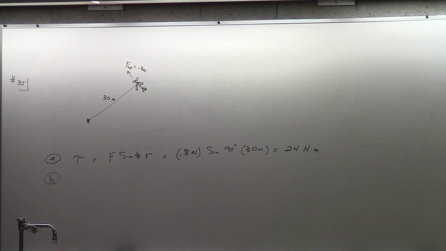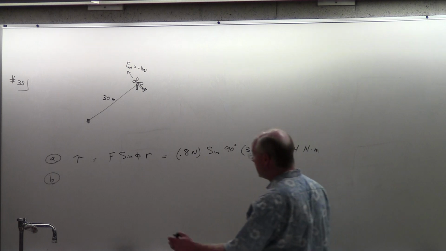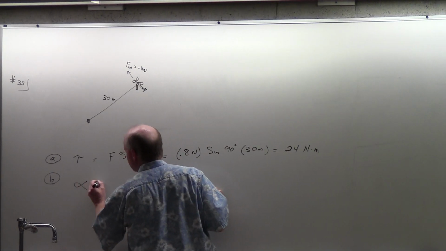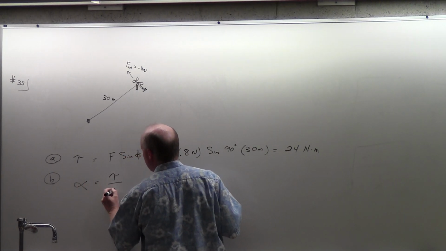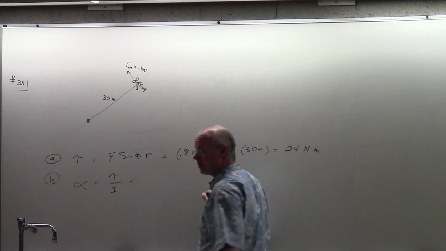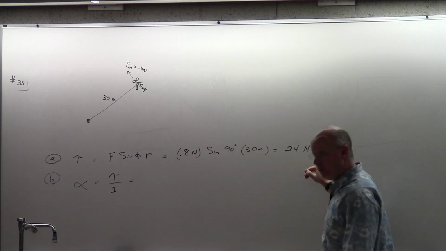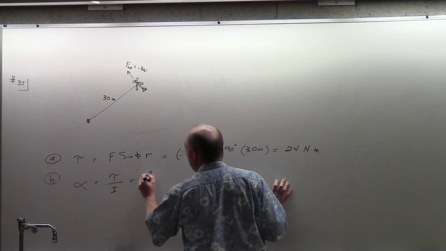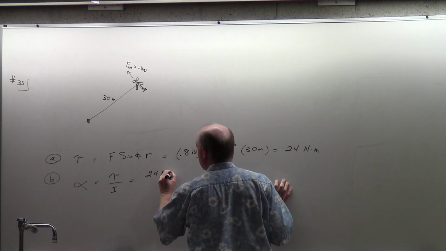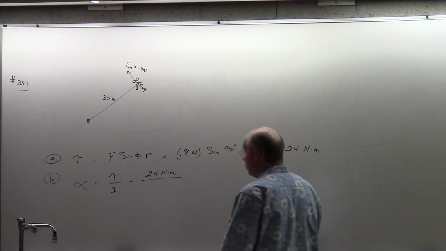So why don't we use Newton's second law, right? All right, so let's find the angular acceleration. Angular acceleration would be the torque divided by the rotational inertia. Now we just did the torque, that was the whole point of A. So this is 24 newton meters.